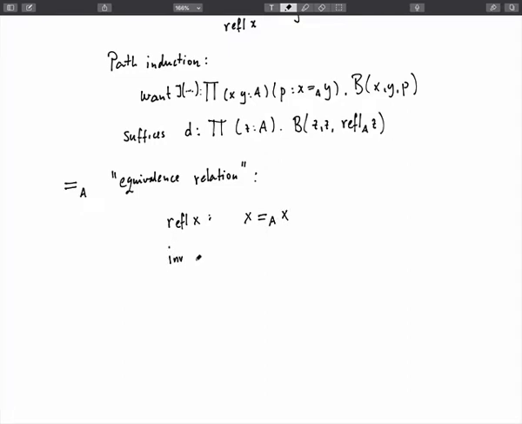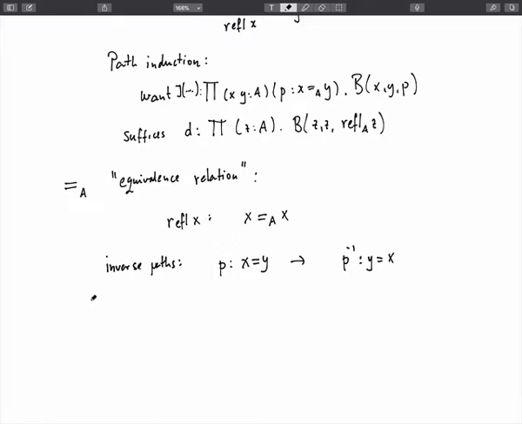So how did the inverse work? We had inverse paths. If I have a path p from x to y, I get a path p to the minus 1 from y to x.